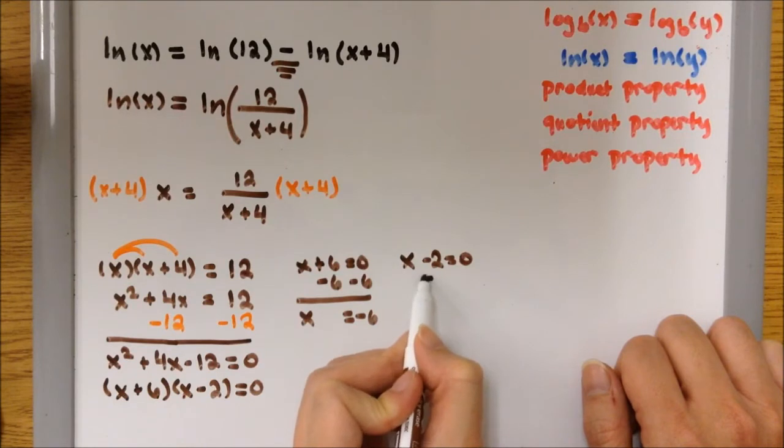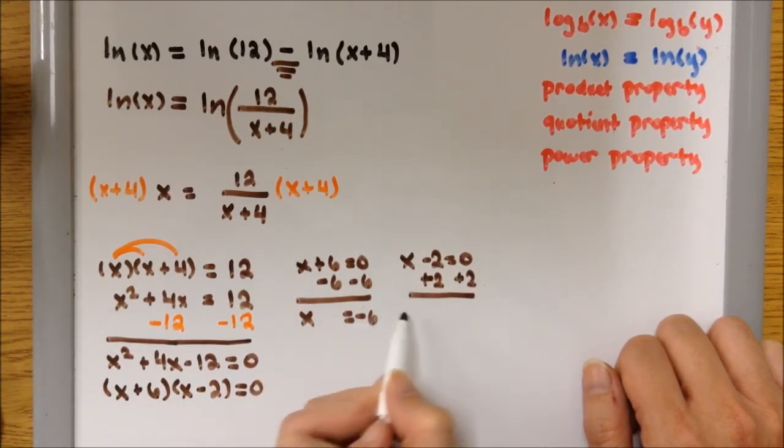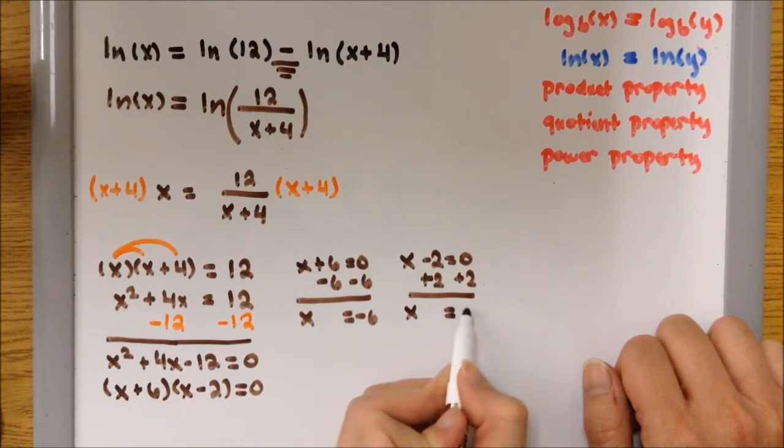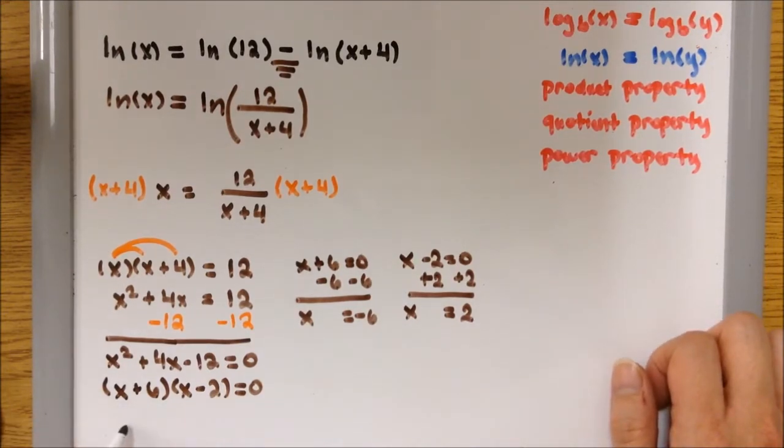Solve for it, so I'm going to add 2 on the left, add 2 on the right. So x equals positive 2. I'm going to write over here to make some room. So x equals negative 6 and x equals 2.